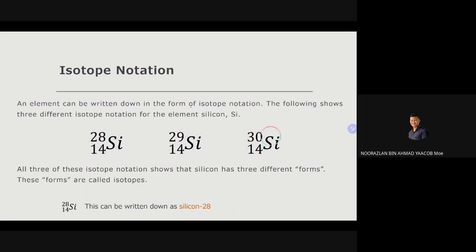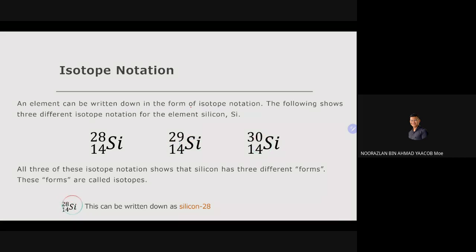They are all still silicon because they have the proton number of 14. But the mass number ataupun the nuclear number, they are different. All these 3 isotope notation shows that silicon has 3 different forms. And these forms is what we call as isotopes.